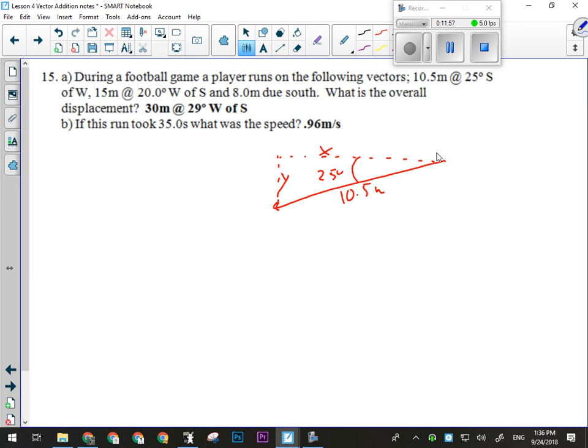Then the second vector is 15 meters at 20 degrees west of south. So it's longer, right? And it's 20 degrees west of south, so that would be this way. Here's y, here's x, there's our 20-degree angle, and this is 15 meters long. Probably not the best scale, but okay. And then we go 8 meters south, right?